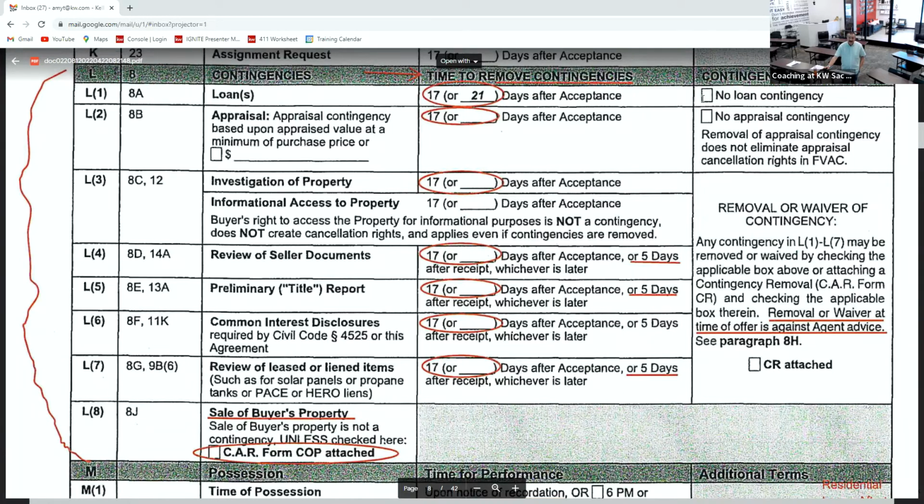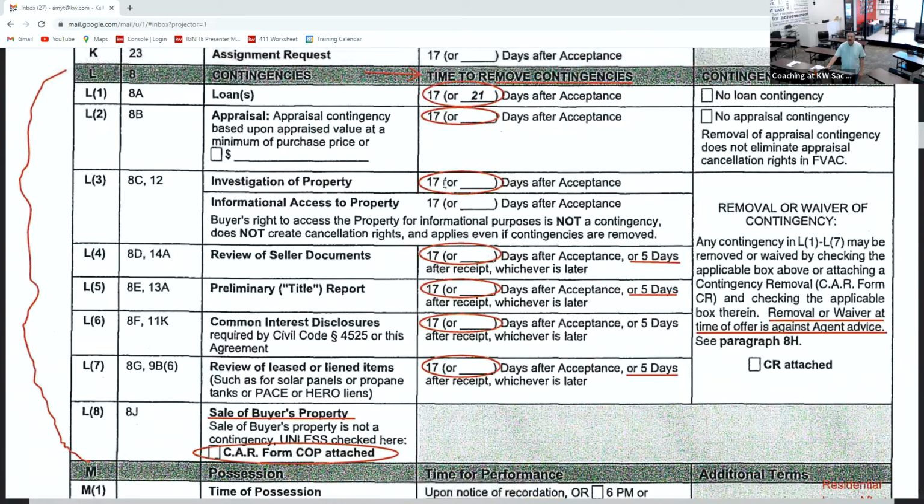You can go with no loan contingency, but your mantra has to be, removal or waiver at the time of the offer is against the agent's advice. So you just have to explain to them there is a risk. If the lender all of a sudden changed their underwriting guidelines midstream, you could get screwed. You always want to warn them on the side of safety.